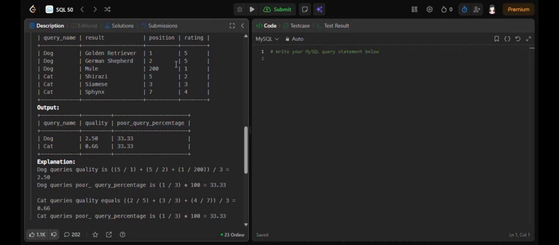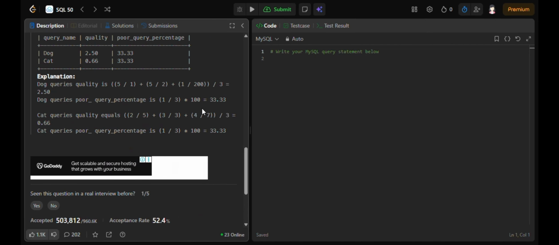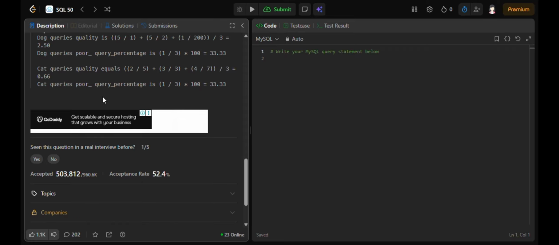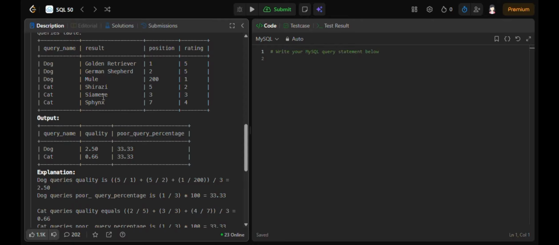Out of these 3 dogs, only the third dog's rating is less than 3. So the percentage calculation would be 1 by 3 multiplied by 100, which gives us 33.33. The poor query percentage calculation is very simple, and I think the problem is very clear to you.